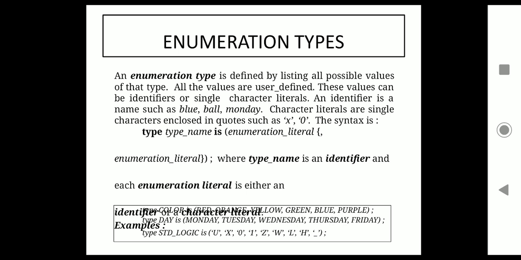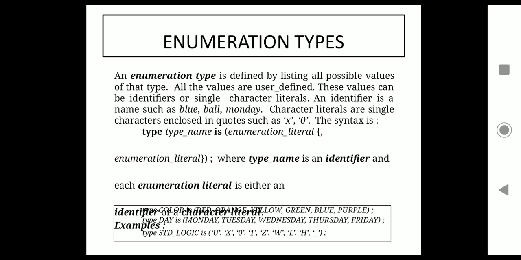Its syntax is the keyword type, then the type name, and its enumeration literals, where the type name is an identifier and each enumeration literal is either an identifier or a character literal. These are examples of declaring enumeration type data.